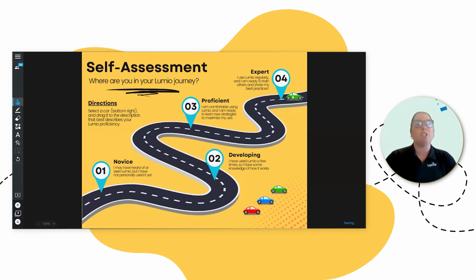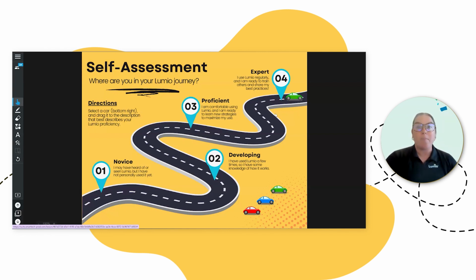In a second, I'm going to turn this into a whole class page, but we have so many of these types of check-ins already in our Lumio library. We also have SEL type check-ins in our library. This could be as simple as, where are you on your decimal journey, or where are you on your fractions journey? But for the sake of this, I just want to know, where are you on your Lumio journey?